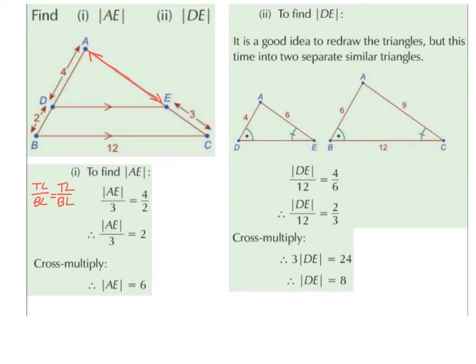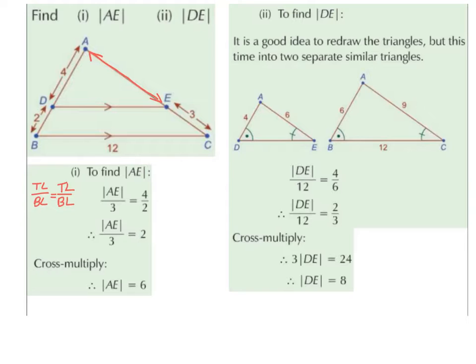So the top length is going to be AE, and that's going to be divided by the bottom length, which is 3, and that's equal to the other top length, which is 4, divided by the other bottom length, which is 2. So we have AE over 3 equals 4 over 2.